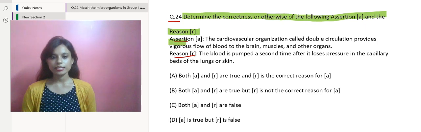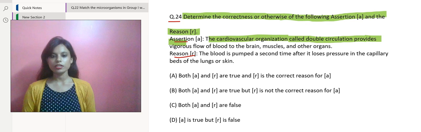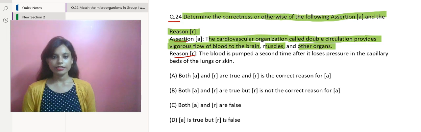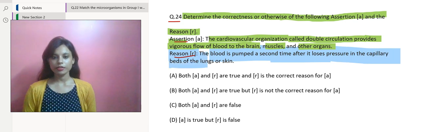Assertion says the cardiovascular organization called double circulation provides vigorous flow of blood to the brain, to the muscles, and to the other organs. And the reason says the blood is pumped a second time after it loses pressure in the capillary beds of the lungs or skin.